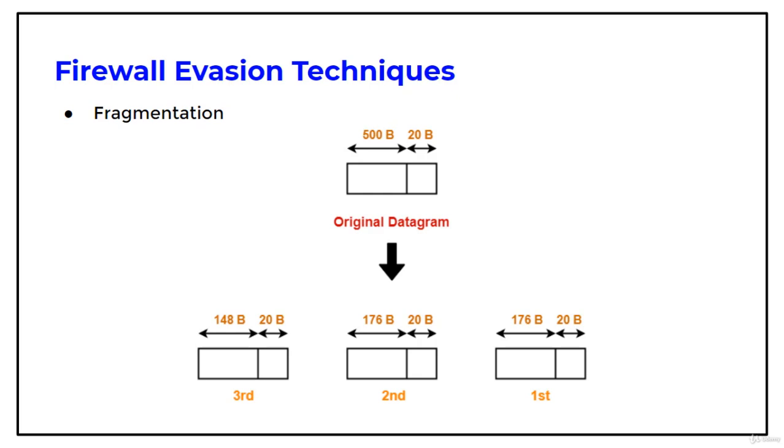We have seen such a fragmentation attack in IDS evasion as well. The attack methodology is the same, because the original datagram is broken down into simpler pieces so that the IDS or the firewall won't understand that all the packets are from one single malicious source.